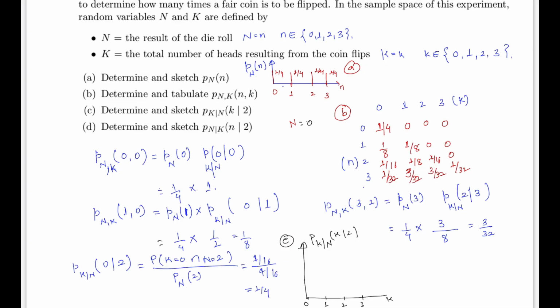We can draw it here. So we are saying that random variable k takes the value 0 given n takes the value 2 with probability 1 divided by 4. Similarly, we can find the cases where k takes the value 1, 2 and 3 given the condition that n takes the value 2.